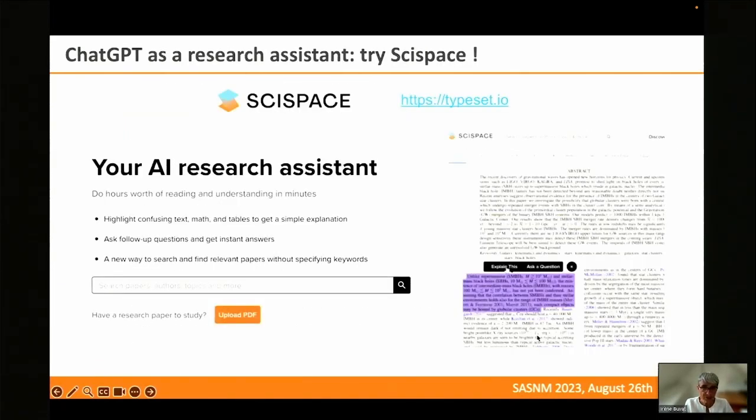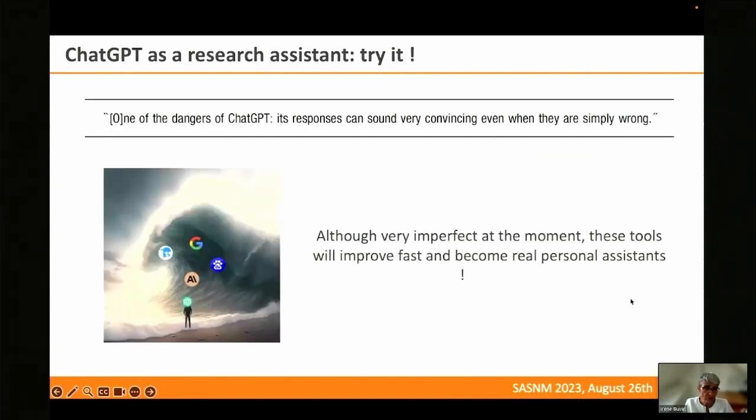Similarly, in research, there are now a few tools, such as this one, that can be used to help you go through scientific articles. Of course, these tools are still very imperfect, but thanks to the competition between Google, Amazon, Facebook, and so on, they will improve very fast and they will become real personal assistants we can rely on.